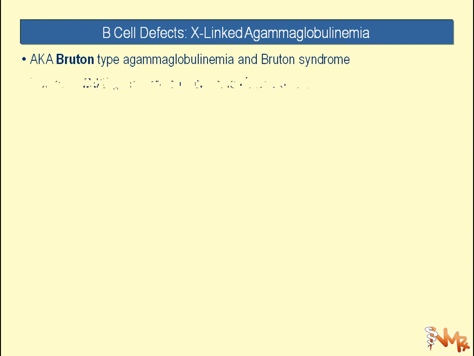Let's first begin with the answer to that case scenario that I just covered for you. Of course, this falls under the umbrella of B cell defects. This is X-linked agammaglobulinemia. Another name for the condition is Bruton-type agammaglobulinemia or Bruton's syndrome.